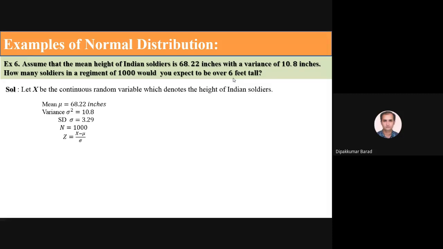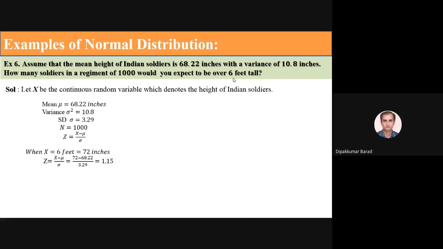How many soldiers in a regiment of 1000 would you expect to be over 6 feet? So x greater than 6 feet. 1 foot is 12 inches, so 6 feet means 72 inches. So x greater than 72.